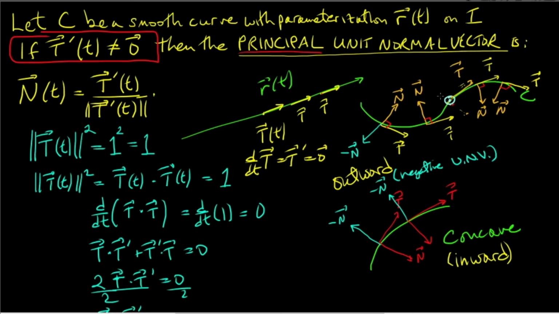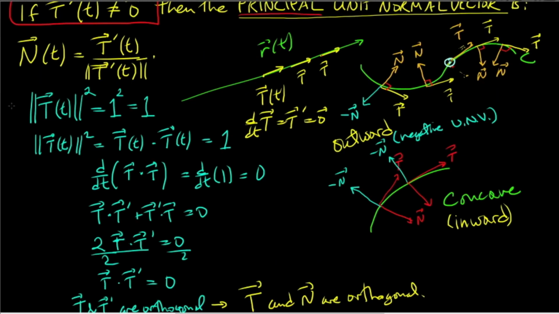That's because at this location, the derivative of T will be 0. So it's not curving inward, it's not curving outward. So it's an inflection point. Remember, we used to call these inflection points when the concavity changed.